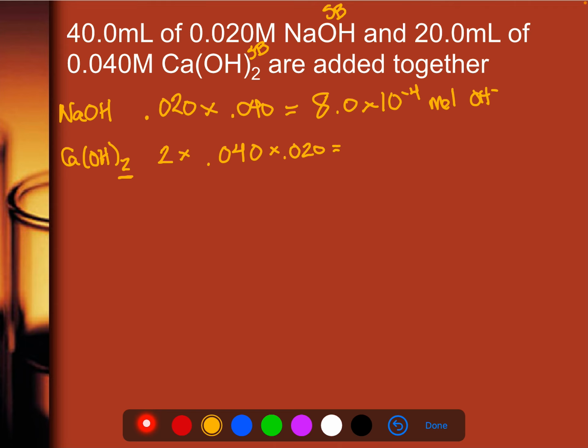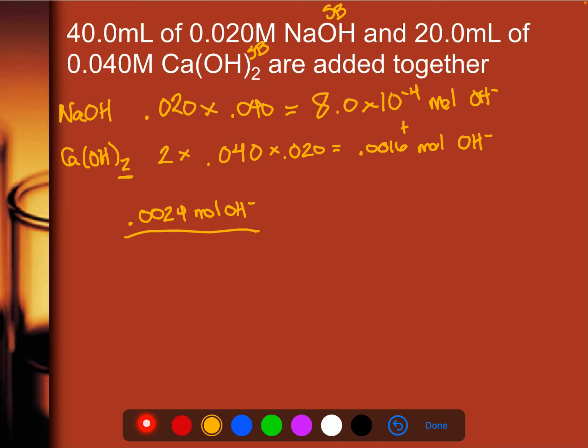So that is 0.0016 moles of hydroxide. Since they are similar substances, we add them together. So that is a total of 0.0024 moles of hydroxide.